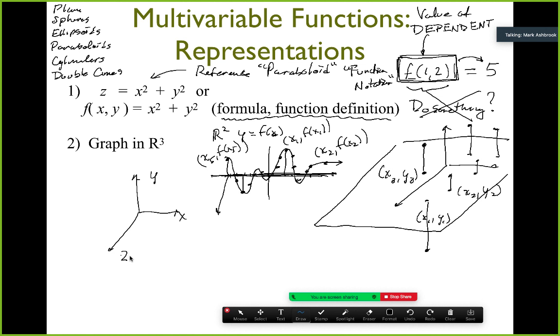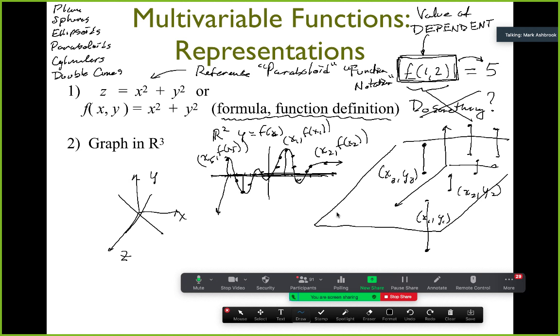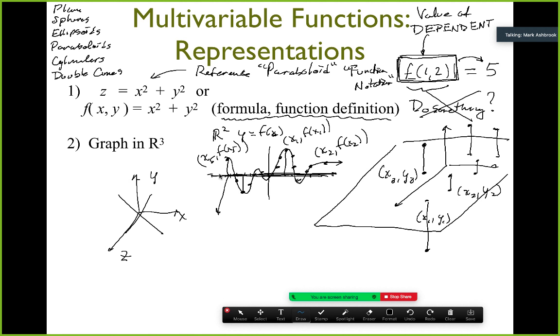So why didn't we do that? Because we're keeping the same convention that our independent thing is horizontal, right? So the horizontal plane is where our independent ordered pairs lie. It's kind of like the launch pad.